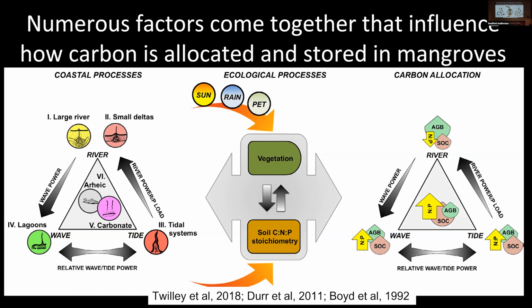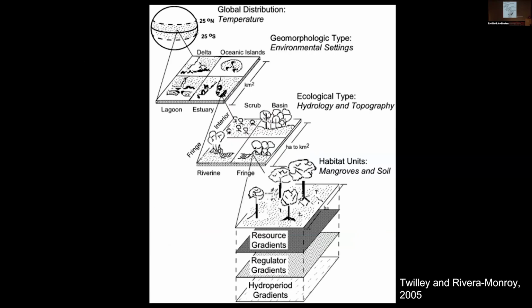And this impacts, again, how nutrients are allocated both in the above ground, the living biomass, the tree part of the forest, as well as what happens below ground. Particularly when you think about the soil carbon, both the stuff that is accumulating from allochthonous sediment, as well as what's actually being deposited and integrated from fine roots within the mangroves themselves.